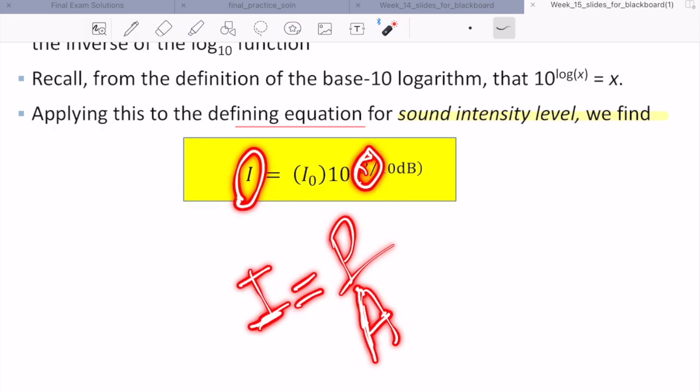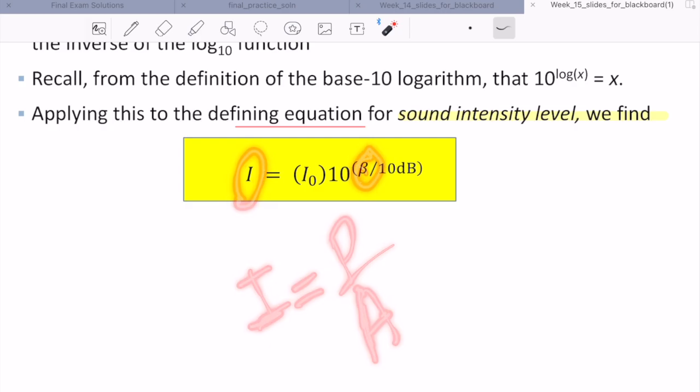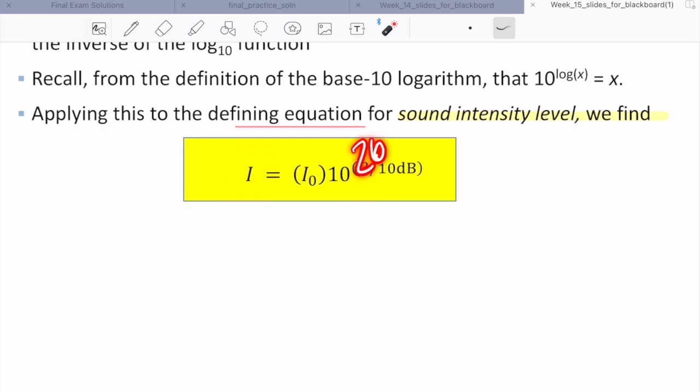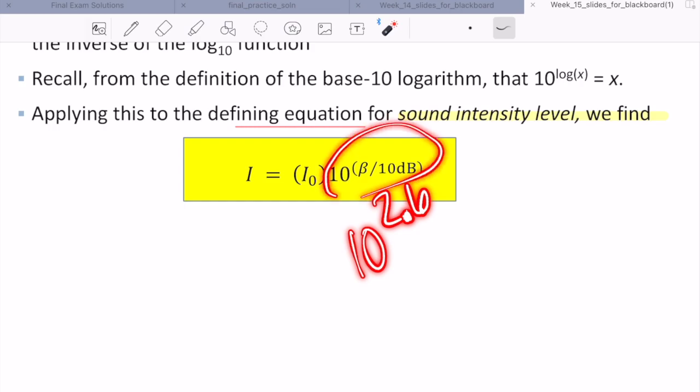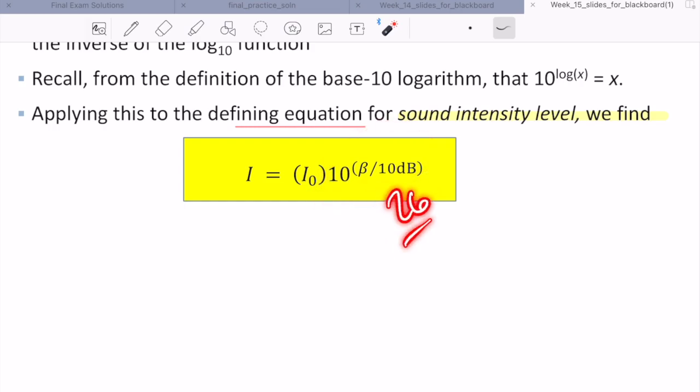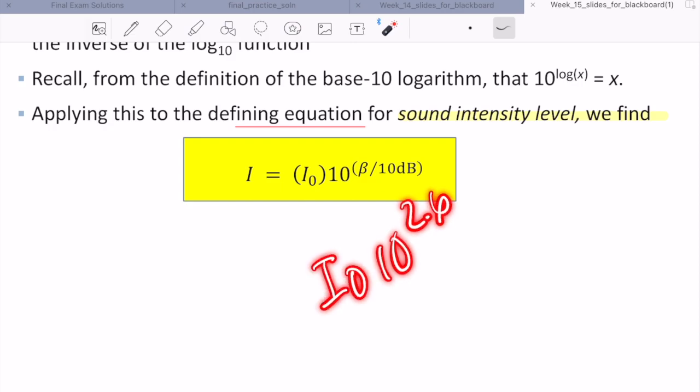So if we dropped it 26 decibels, we can plug in 26 here, and we see it's 10 to the 2.6, because 26 divided by 10 is 2.6. So 10 to the 2.6 times your threshold of hearing.